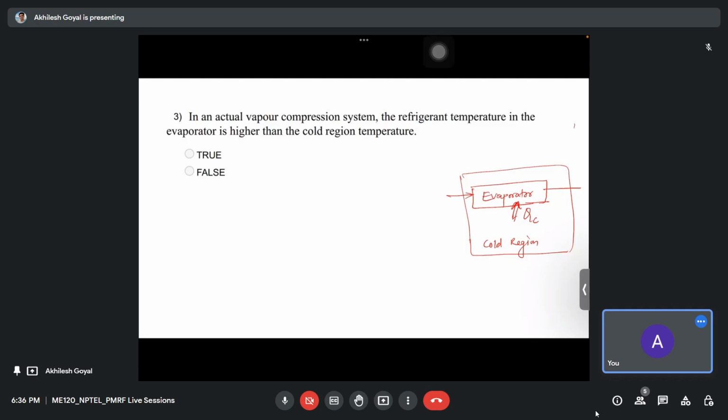So this heat can only be taken if the temperature of the evaporator is lower compared to the cold region, right? Here in the question it is said that the refrigerant temperature is higher than the cold region. Say the temperature of the evaporator is 350 Kelvin and the cold region temperature is 300 Kelvin, in which direction will heat flow? Heat will always flow from high temperature to low temperature.